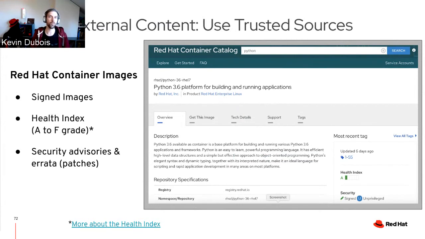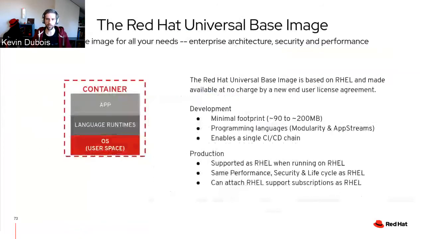For example, A means there's no high or critical vulnerabilities in that image as of today. And then B, C, may have some small vulnerabilities that may not directly impact you, all the way to F, where you probably don't want to use that image until it's been patched. That's available to Red Hat customers.